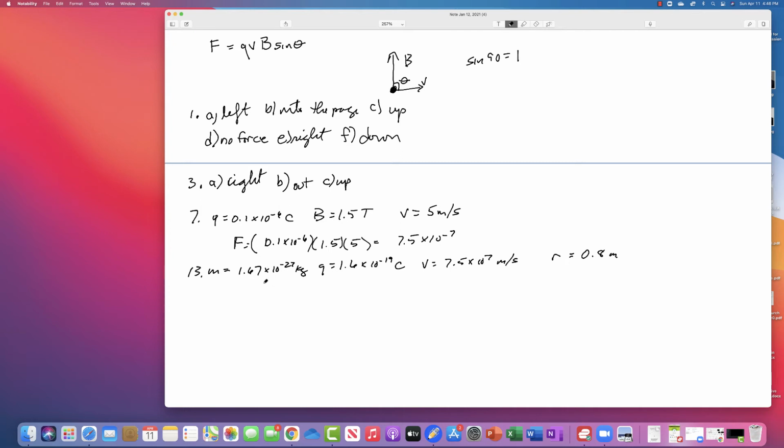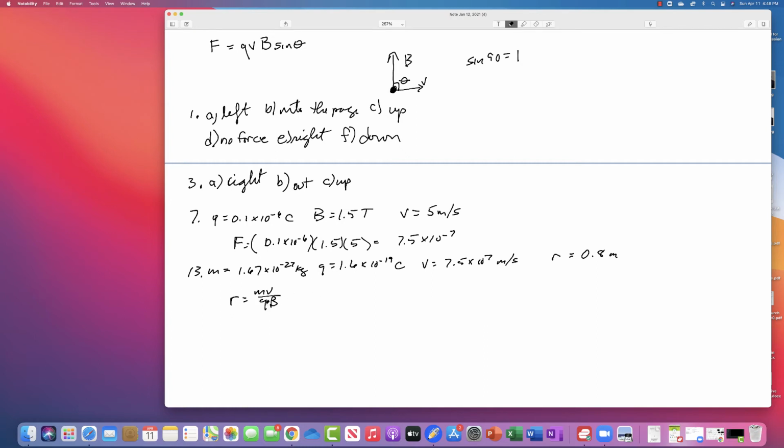And this is one of the examples of when you have something moving in a circular path, which is what this says, what the formula for that, if you look it up, is that the radius is equal to mv over qB.